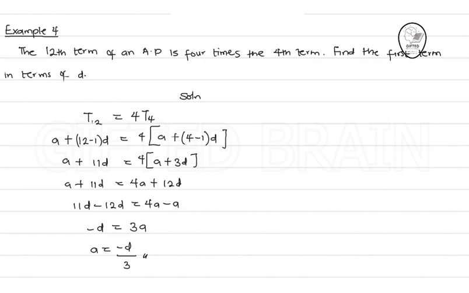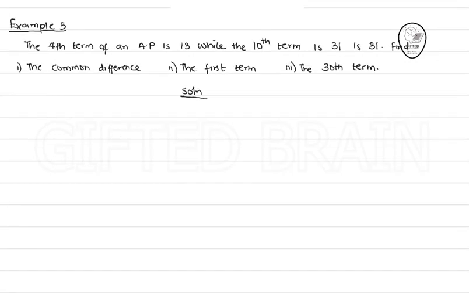Let's take example 5 now. Example 5. The 4th term of an AP is 13, while the 10th term is 31. Find the common difference, the first term and the 30th term.